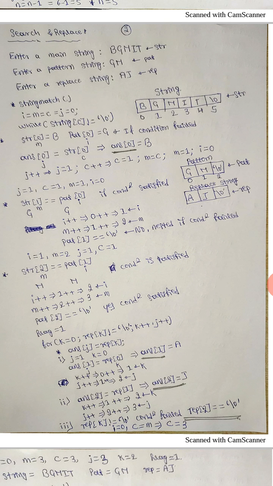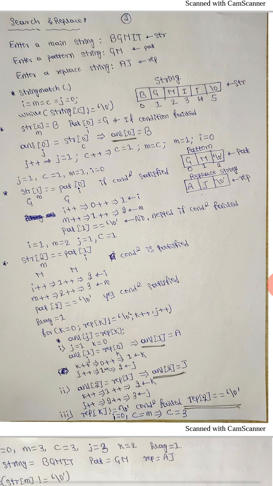And again I am incrementing the value of both the indexes, and now the pattern string has reached null. When the pattern string reaches null, that is the indication that our pattern is present in our main string.